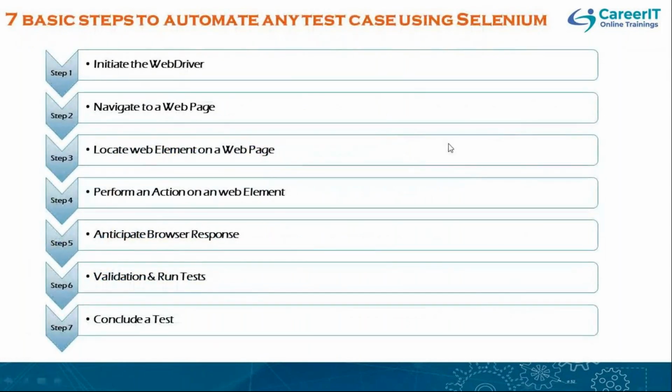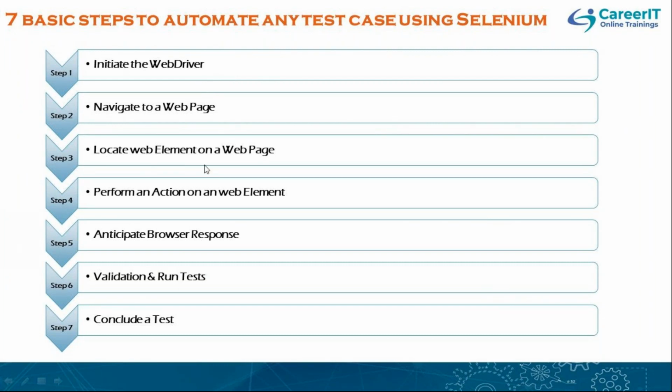Here I'm going to use Selenium WebDriver. First step, I'm going to initiate my WebDriver, that is launching a browser. Second step, I'm going to navigate to the web page, that is entering my application into the web browser. And the third step is locating web elements.